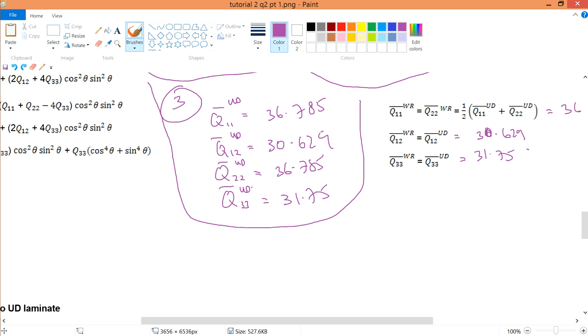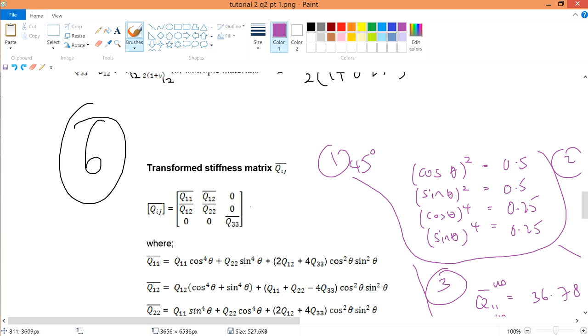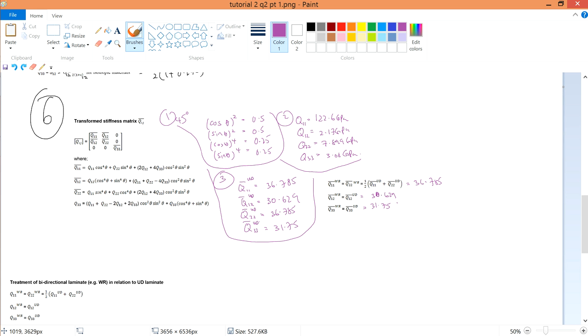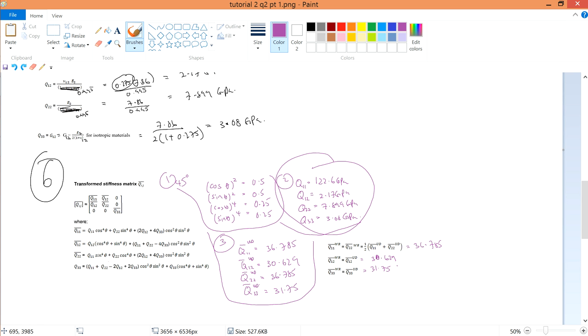However, we can also do the other method. Instead of using the Q that we derived way earlier to derive our Q bar, in other words, we use Q UD to derive Q bar UD, and then using the Q bar UD we derive Q bar woven roving.